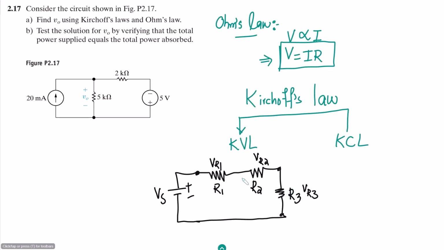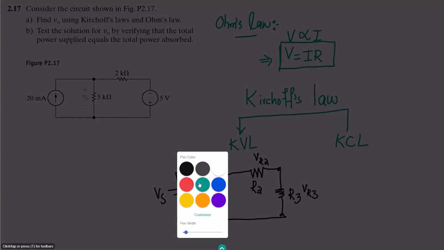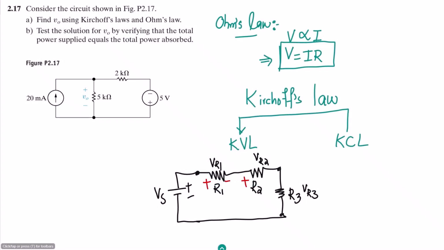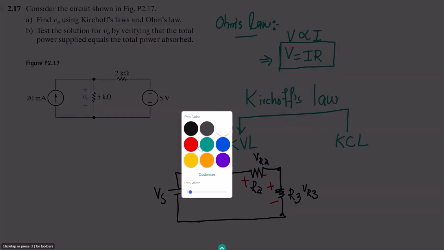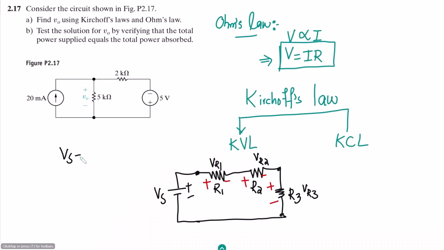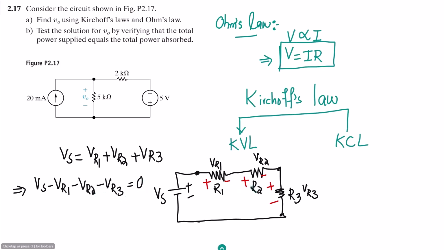As these are resistors, which are passive elements, they always absorb energy and voltage is dropped across them, so it will be plus minus here, plus minus here, plus minus here. So according to the KVL, the value of Vs will be equal to VR1 plus VR2 plus VR3, or ultimately we can also write it as Vs minus VR1 minus VR2 minus VR3, and this must be equal to 0. So this is in this circuit.